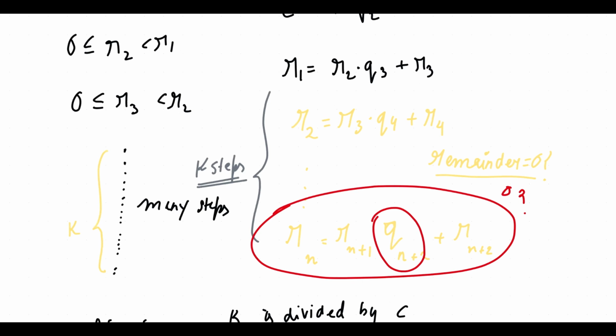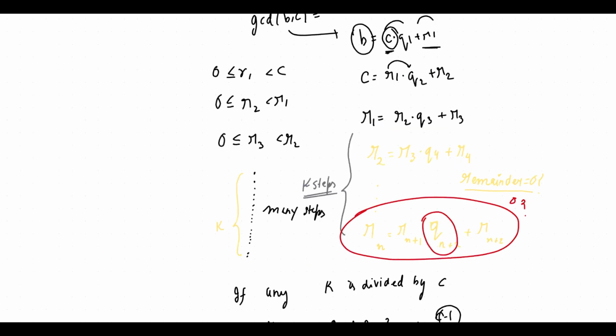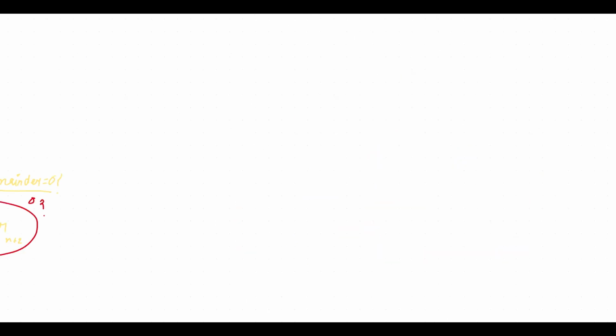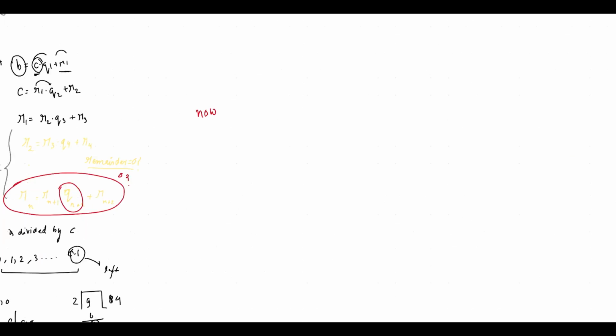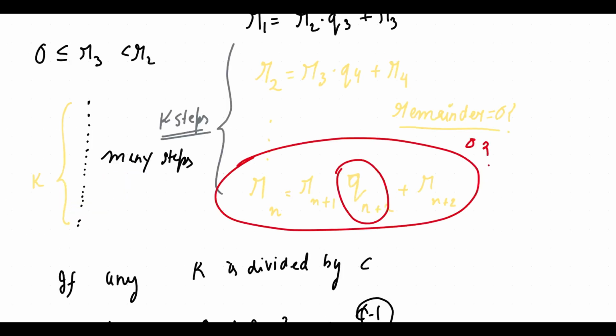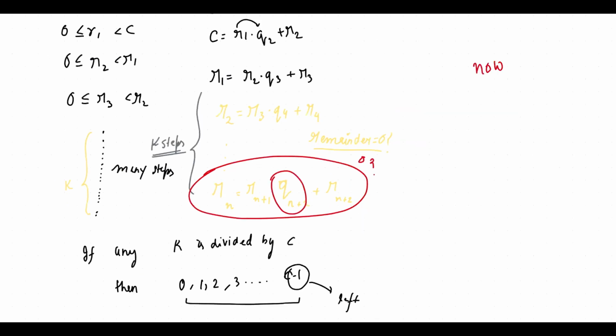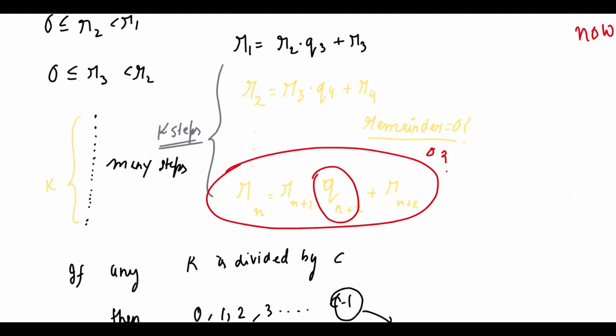Yeah, we can say that. So now we have just proved it. Okay, wait, let me zoom it. Can we say one more thing? Your point was solid, but can we add one more thing? As we can see, the remainder is shortening: R3 was greater than R4, R4 was greater than R5.